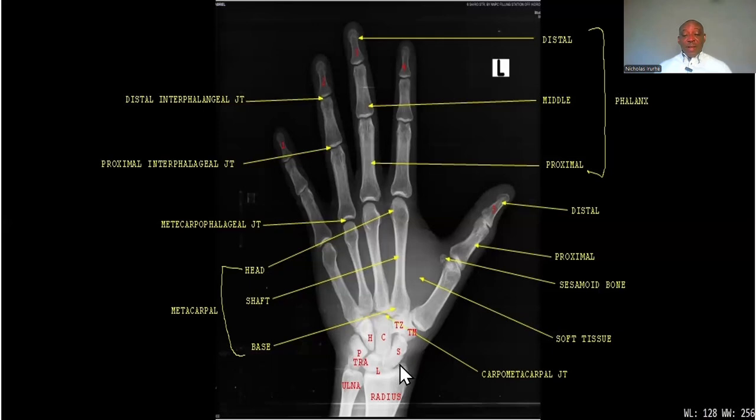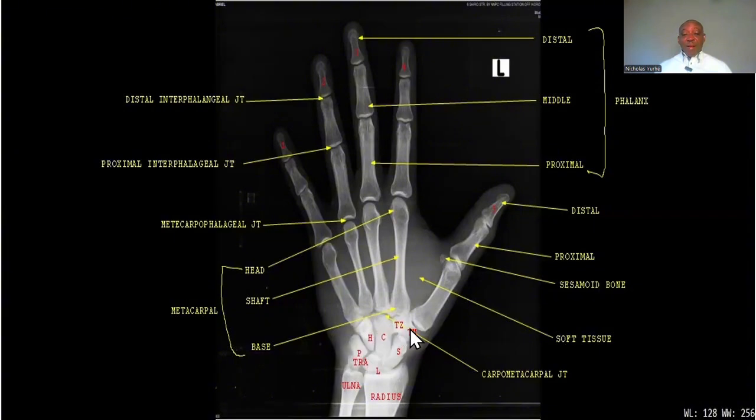And in our earlier video, we described the joint space as containing cartilage, and because it doesn't have calcium, that is why it appears lucent. In between the carpal bones, you have lucencies too. Those are the intercarpal joints.